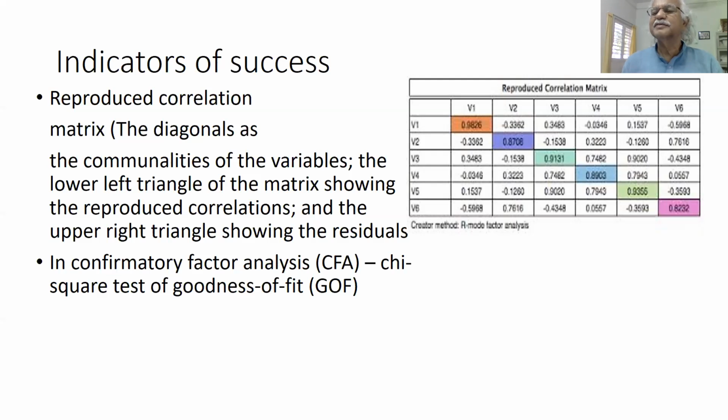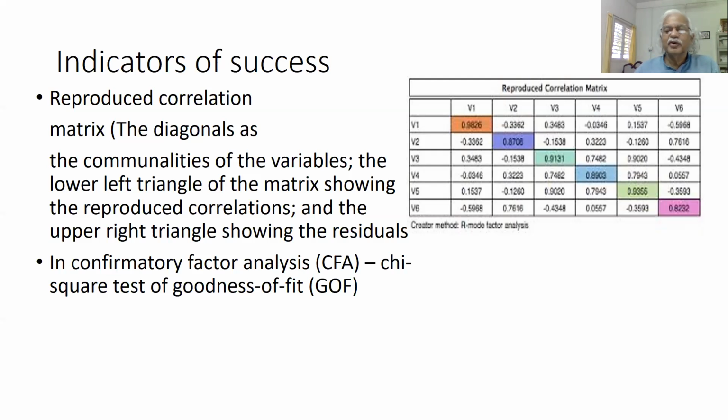There are so many measures, but the basic idea behind them is to compare covariance matrices or correlation matrices on the basis of chi-square. And this goodness of fit gives you whether your model is fitted well.